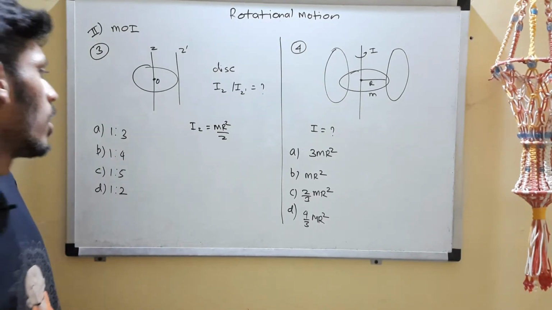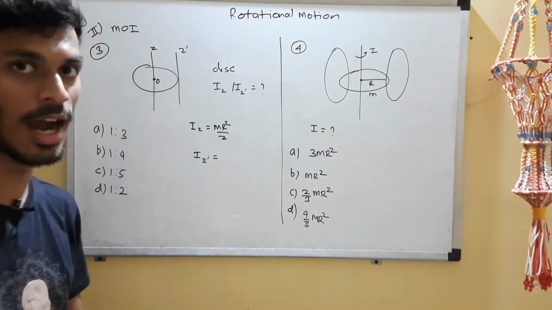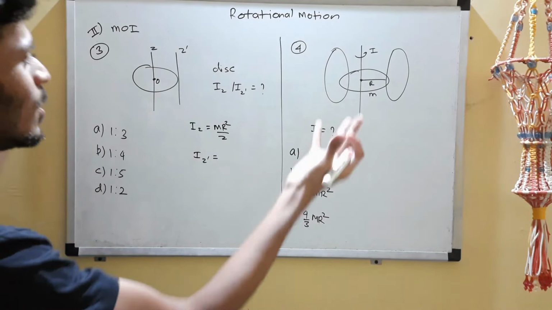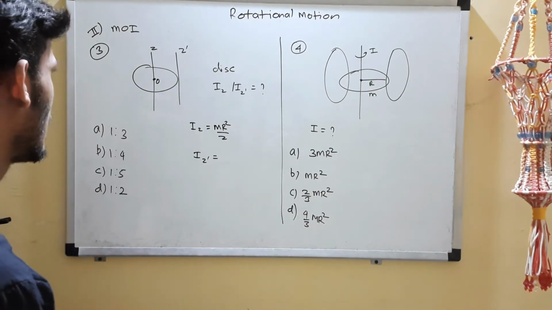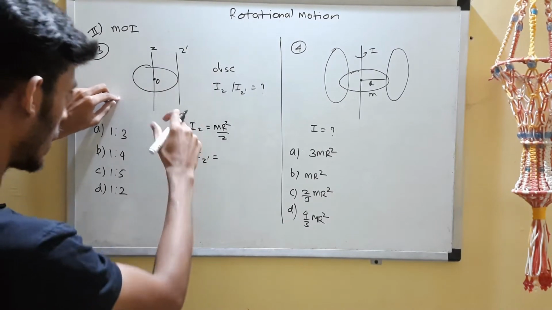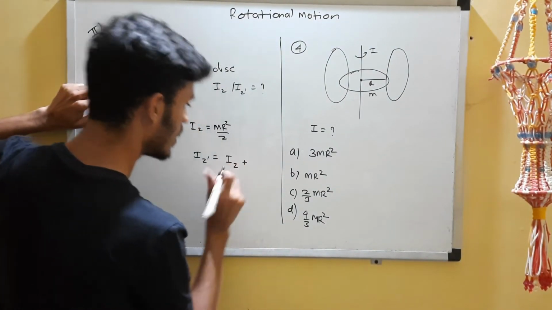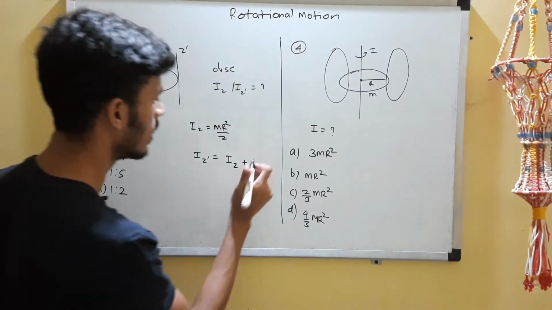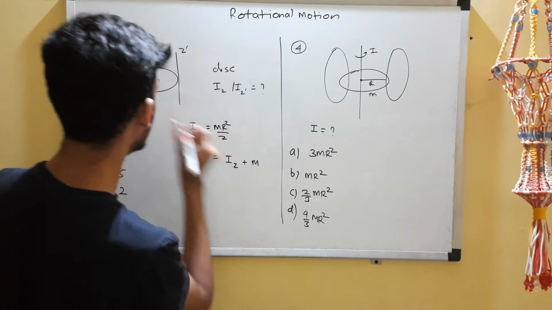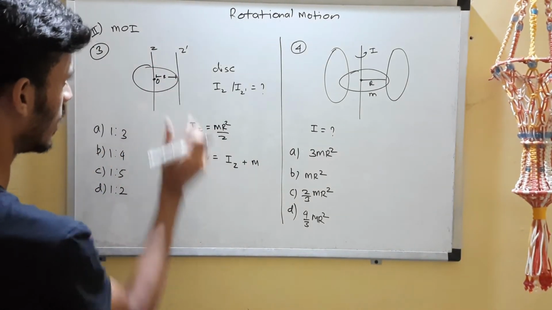Now what about Iz dash? Some of you might directly know it by heart, but I don't. So let's use the parallel axis theorem. What does it say? The moment of inertia about a parallel axis will be equal to the moment of inertia about an axis passing through the center of mass, which is this one, plus total mass times the distance between the two axes, which is basically r, the radius of the disk.